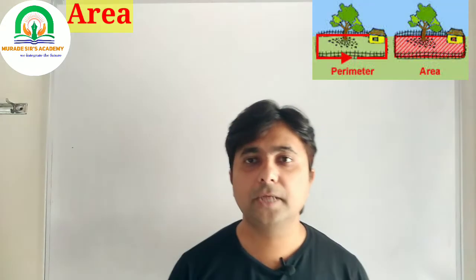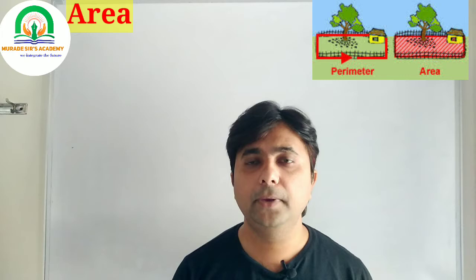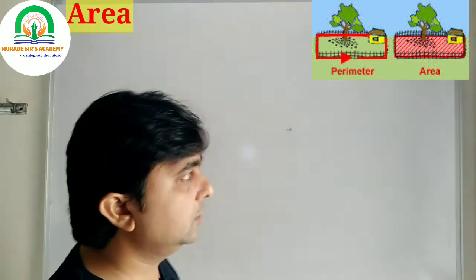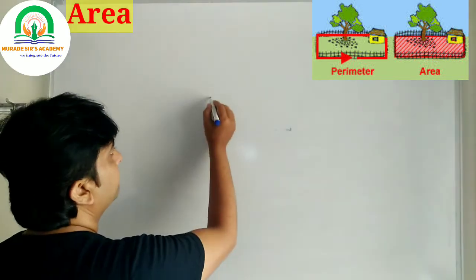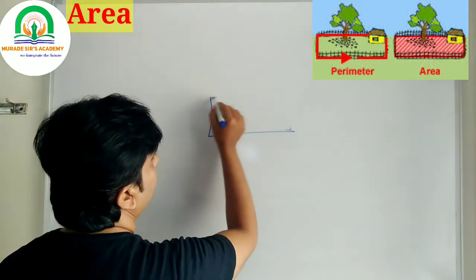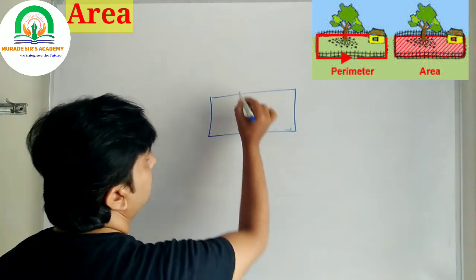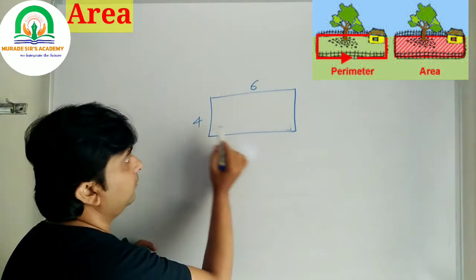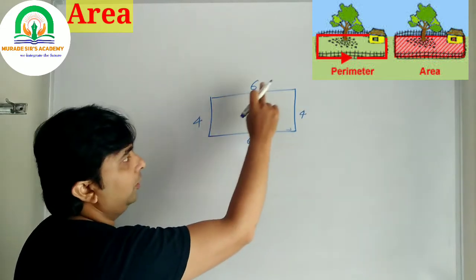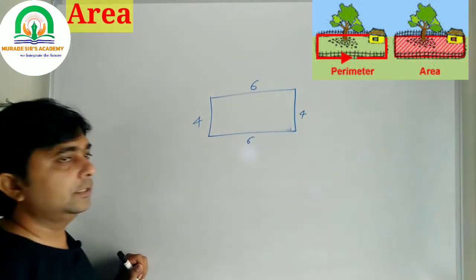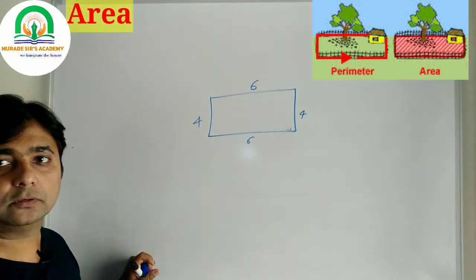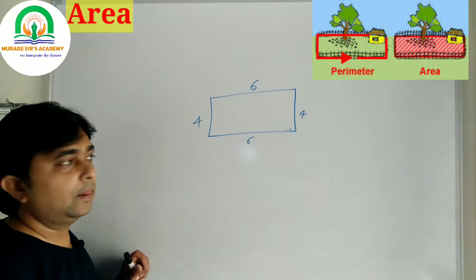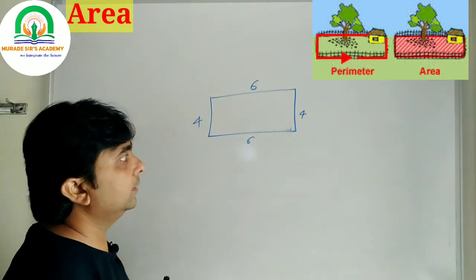Here the concept is area. Last time we saw perimeter, and we just have to revise it. Perimeter means the sum of all the outside lengths.